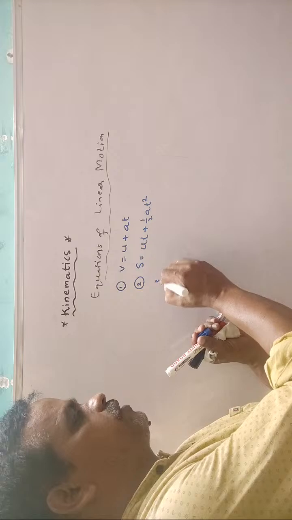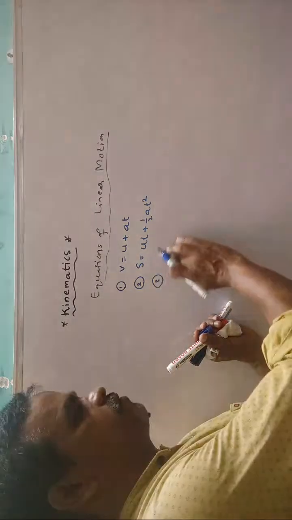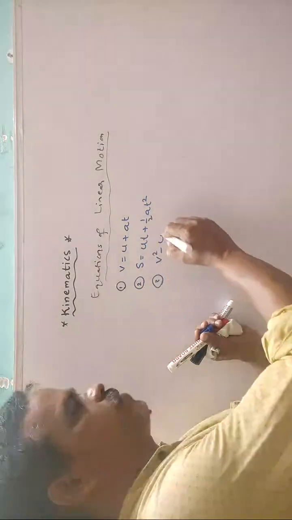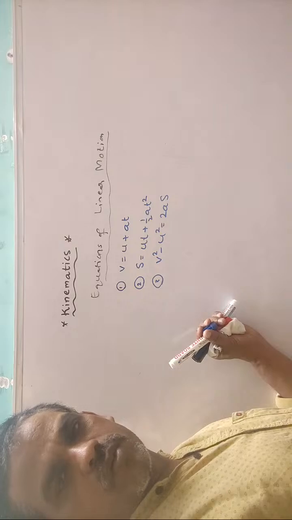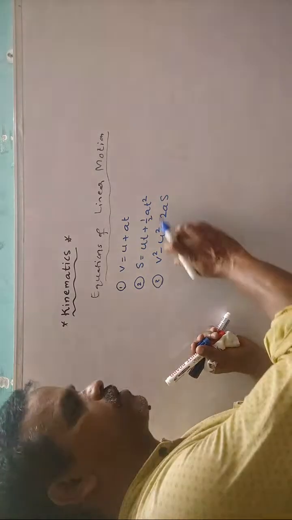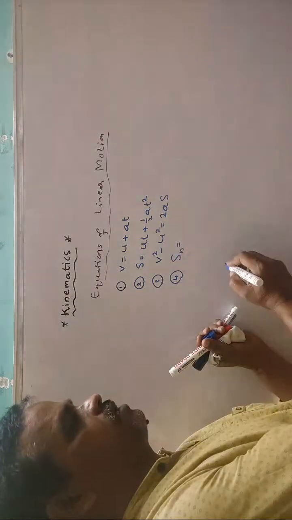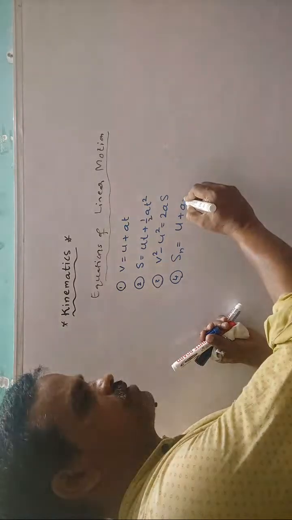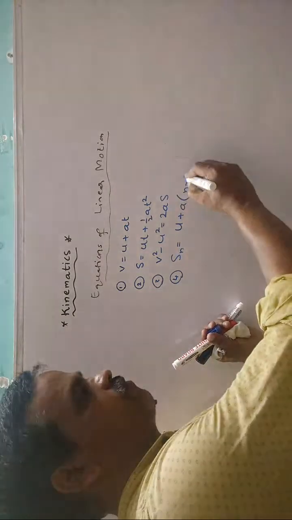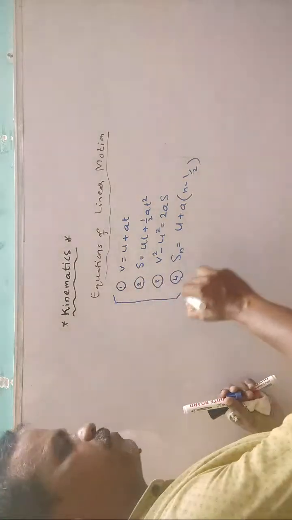The third equation is v square minus u square equal to 2as. The fourth equation, nth second displacement, is S_n equal to u plus a times (n minus half). These are the four kinematic equations.